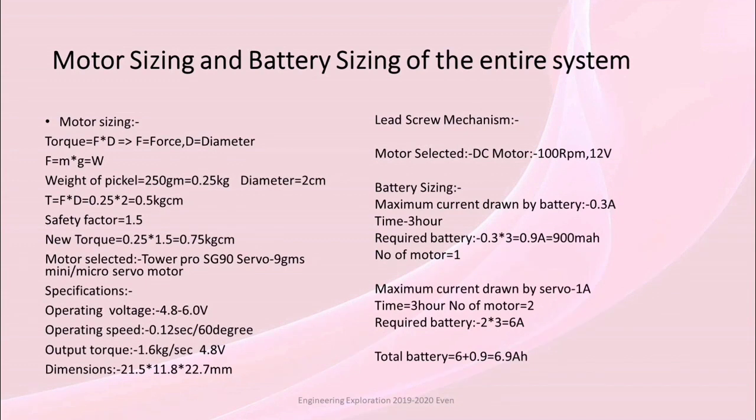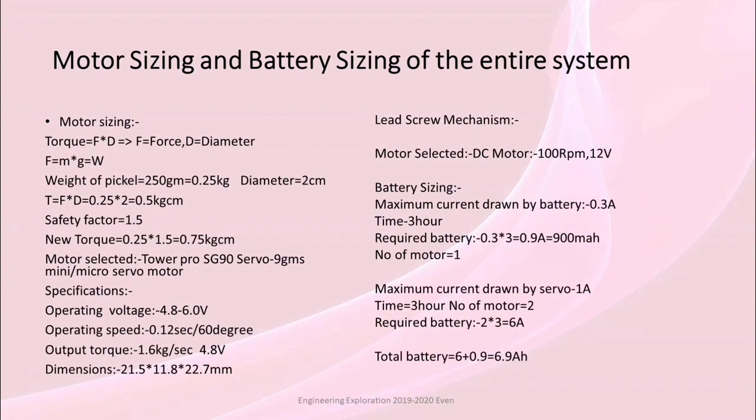Torque is calculated by force times diameter, where F is force and D is diameter. Force F is mass times g, that is W. We are choosing the weight of pickle as 250 grams, which is 0.25 kg, and diameter 2 centimeter. Torque is F times D, that is 0.25 times 2, which is 0.5 kg centimeter.